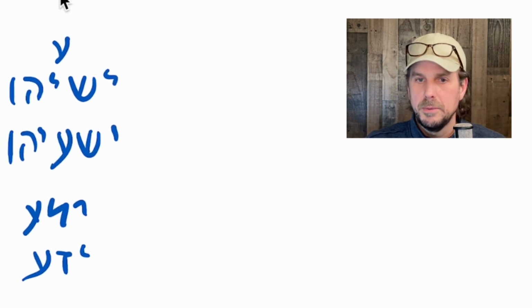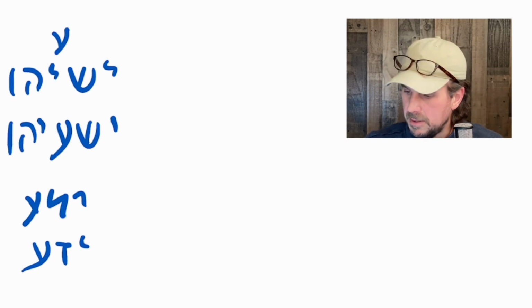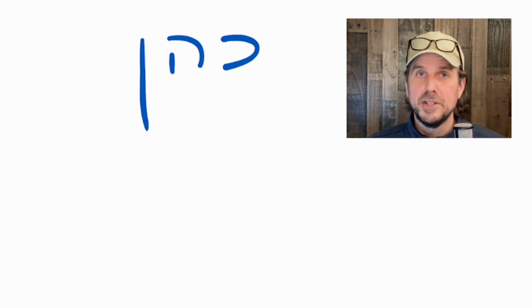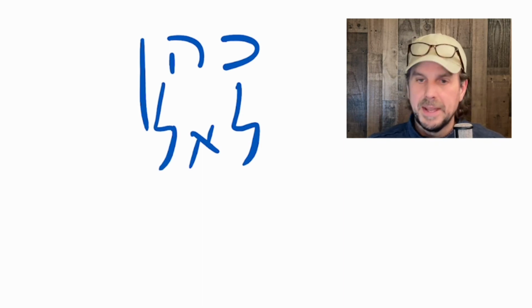And if we were to practice writing that, which we can do, let me erase, I'll just move this over here and we'll get rid of this stuff up here. So Kohen, again, Kaf, He, Nun. That's our word Kohen. This is right out of Genesis 14, as we saw. Lamed, Aleph Lamed, that's Le'el for El, and then Elyon.